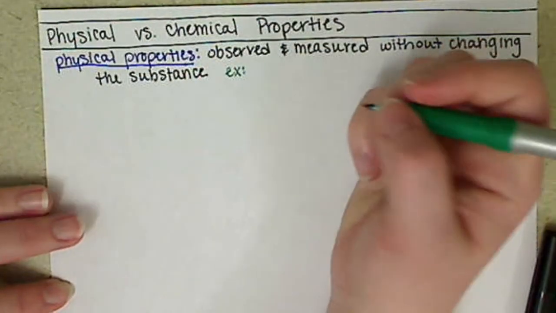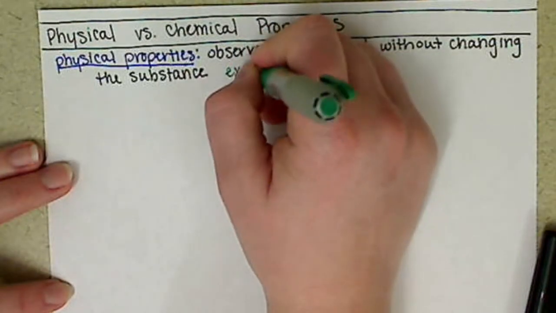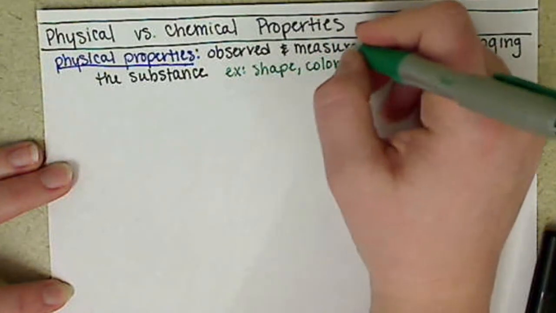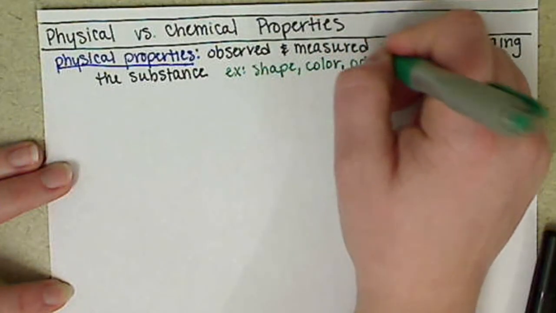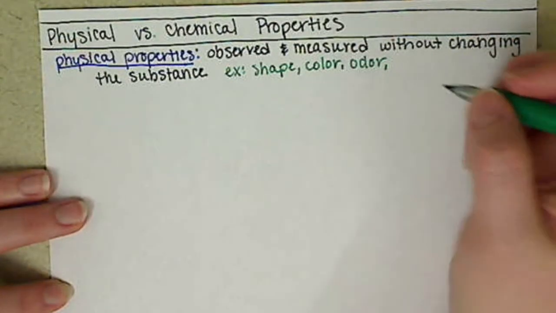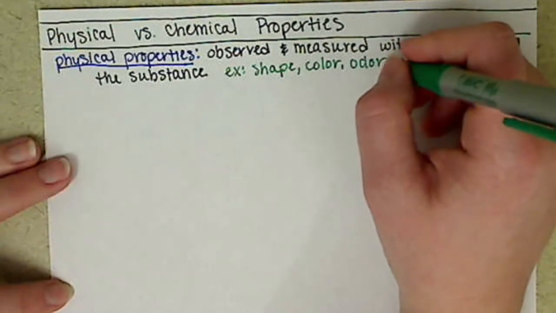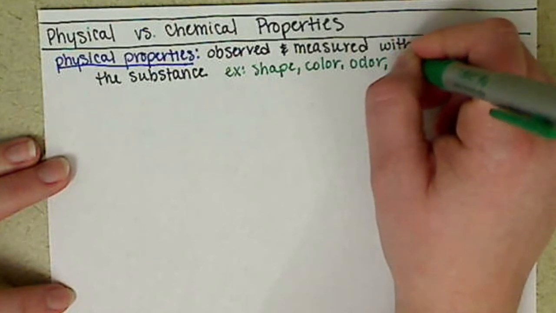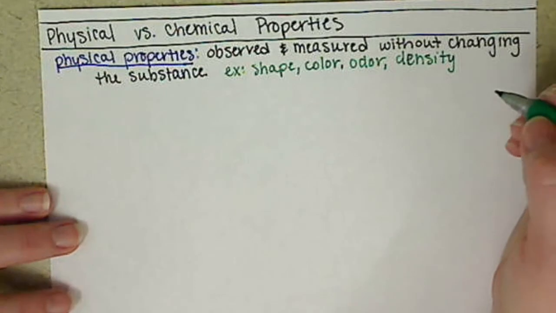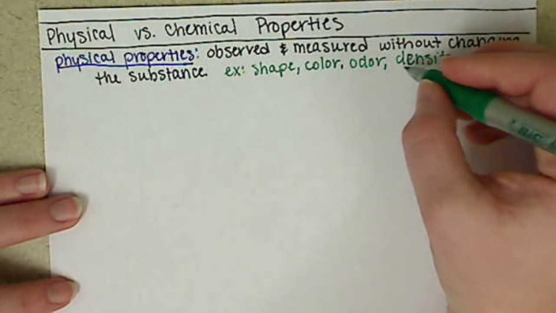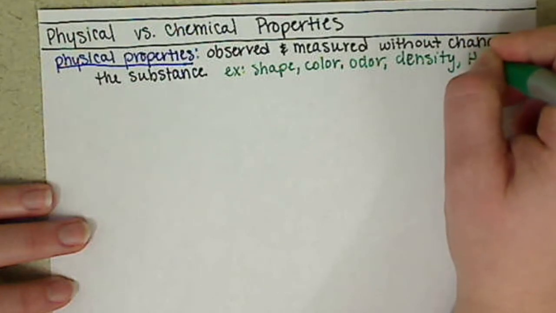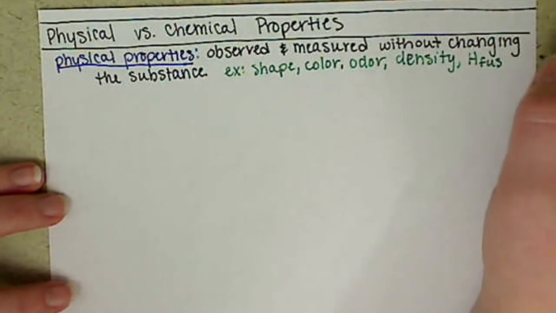So these are basically your descriptors. You can describe the shape of something, the color, maybe the odor, the smell of it. Some physical properties that we've talked about already would be density, which we can measure without changing the substance, or the enthalpy of fusion.